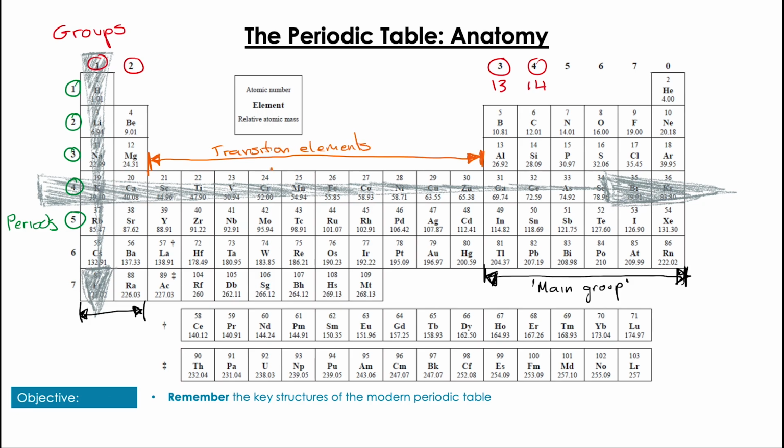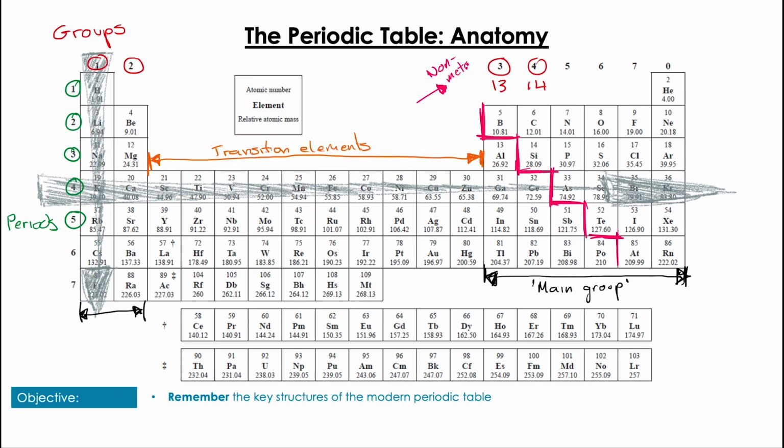Although you won't see it on the periodic table in your data booklet, there is a rough line dividing the metals and non-metals, which goes down in a stepwise fashion from between boron and aluminium all the way down, with the metals on the left-hand side and the non-metals on the right-hand side.